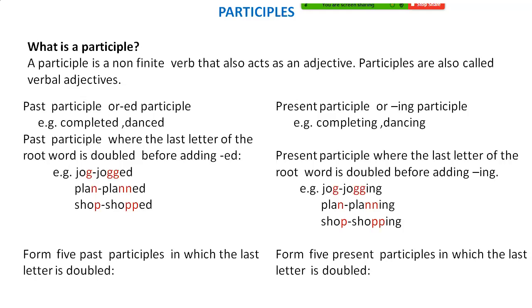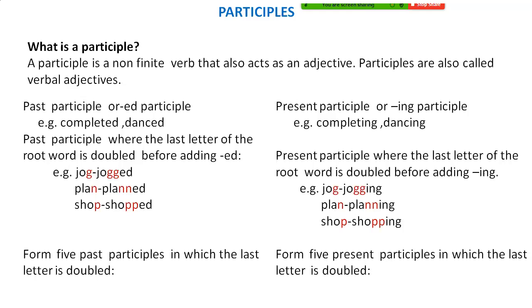For example, jog, which is the root word. The last letter of jog is G. This letter is doubled before adding ed. Let's take the next word, plan. The letter N is the last letter of plan.